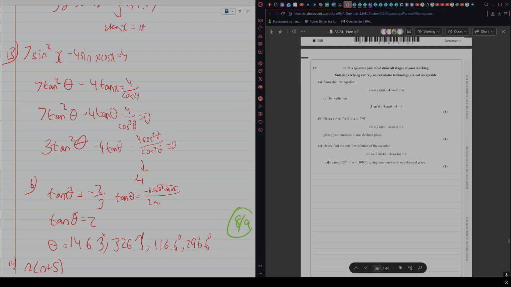So you help it out by giving it some tan squareds, because 4 tan squared is just 4 sine squared over cos squared, which means it will turn from 4 over cos squared to 4 minus sine squared over sine squared, sorry. And then the cos squareds cancel out and you get this stuff.